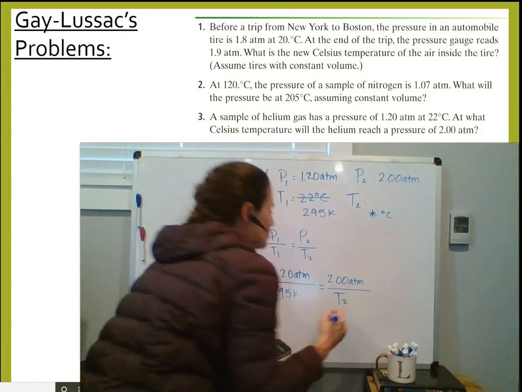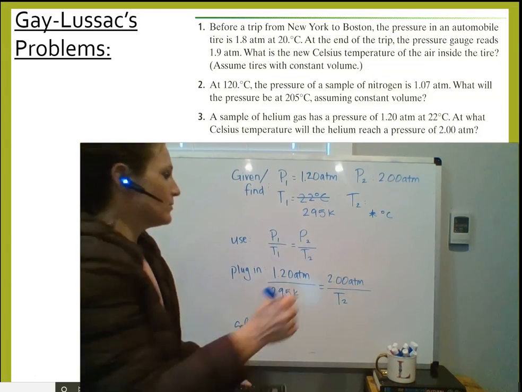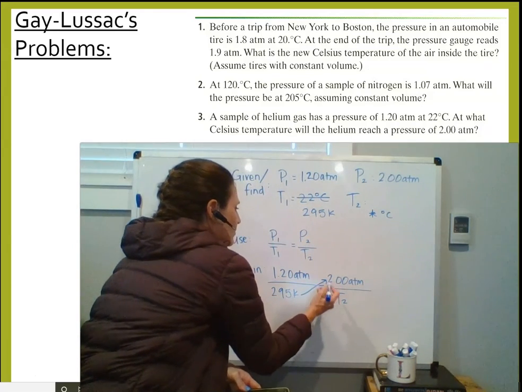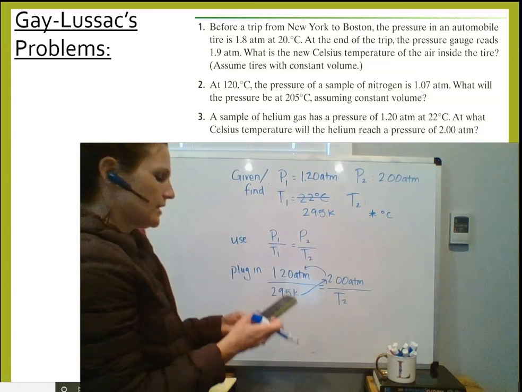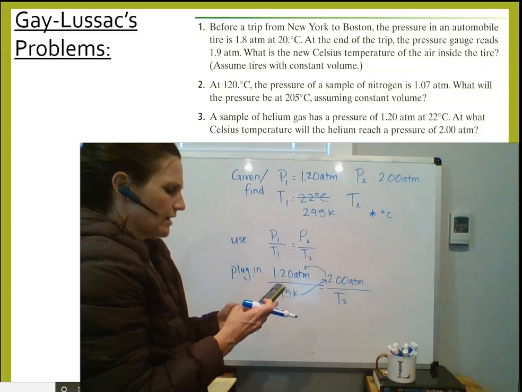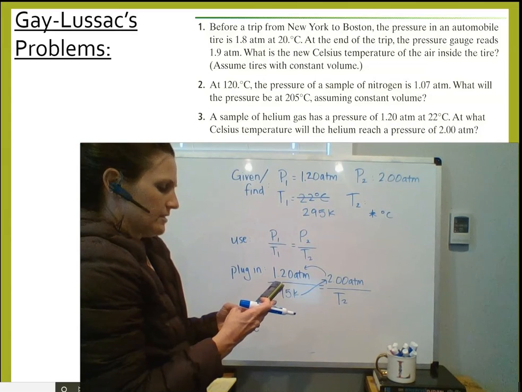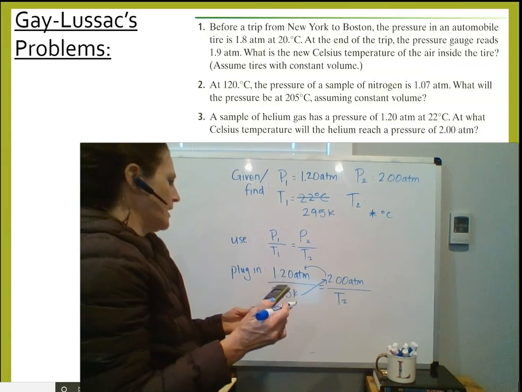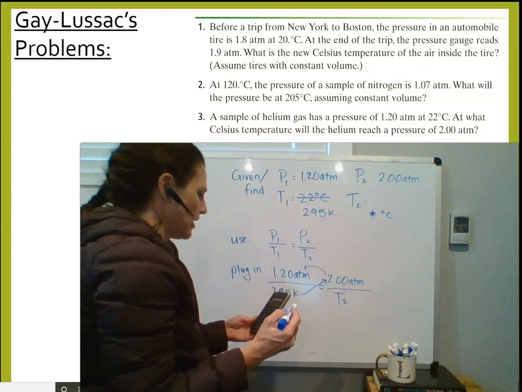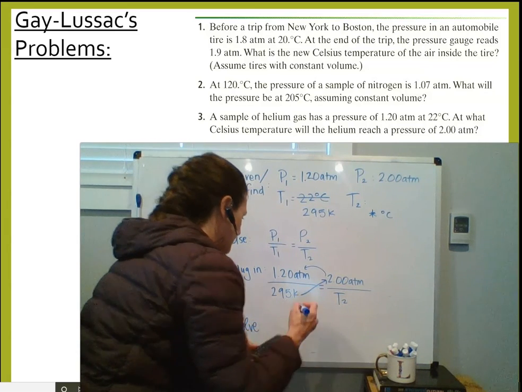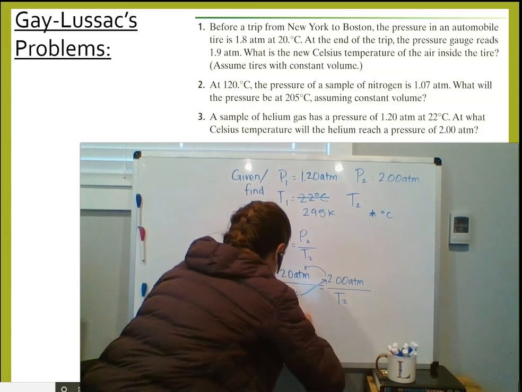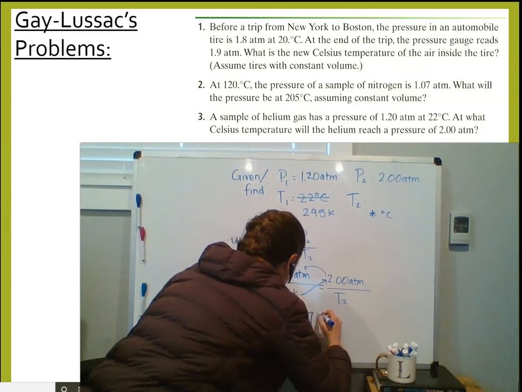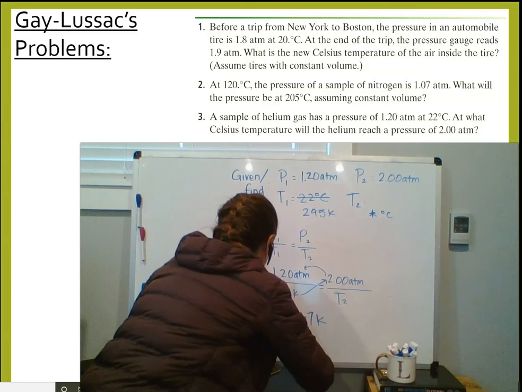So now what I'm going to do is solve, and we're going to do our cross multiply here. So multiply those and then divide. So I'm going to do 295 times 2 and then divided by 1.20 gives me an answer of 491.67 Kelvin.